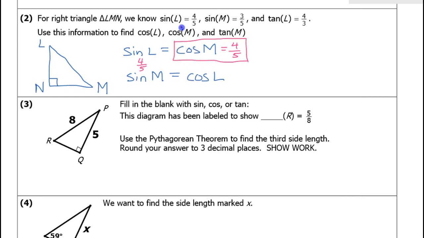Okay? So we just found the cosine of M. They also gave us that the sine of M is 3/5. Now that should equal the cosine of L. So the cosine of L should also equal 3/5.